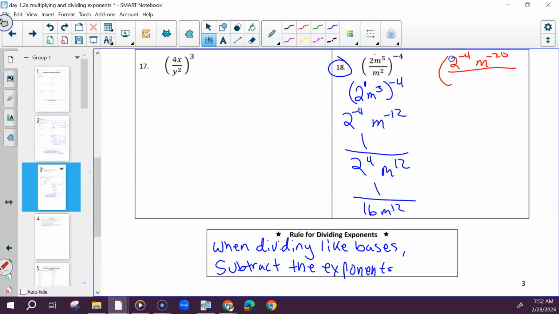You have to do this to everything, so then m to the negative 8th. Combine or subtract your m's, your like bases. So it'd be negative 20 minus a negative 8, or really plus 8. And you see that we've gotten the same thing.